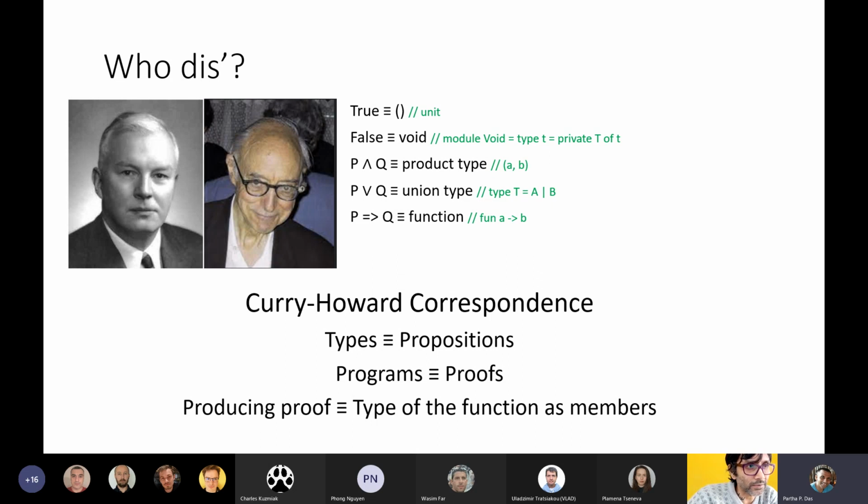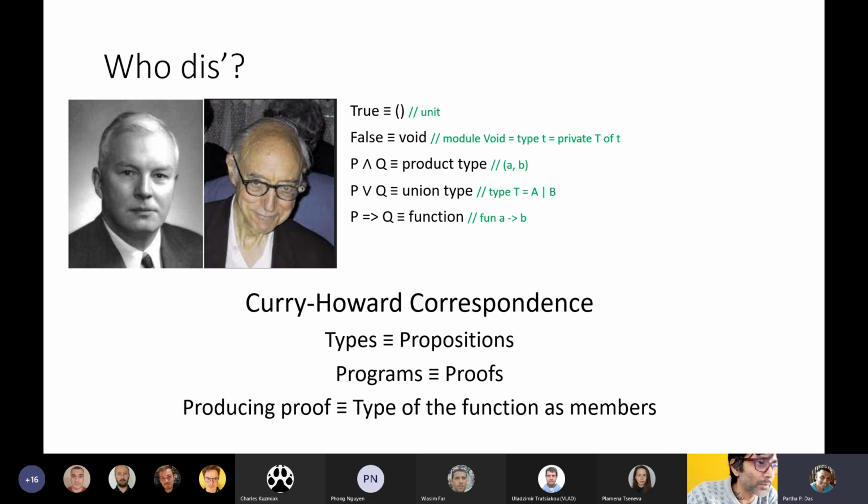So Curry-Howard correspondence essentially matches two disparate branches, or at least the branches that were thought to be very separate, right? So it matches propositional logic, and it matches programming. So it basically says they're one and the same thing, right? That's pretty funky. It's a pretty deep statement, right? And what does it mean?